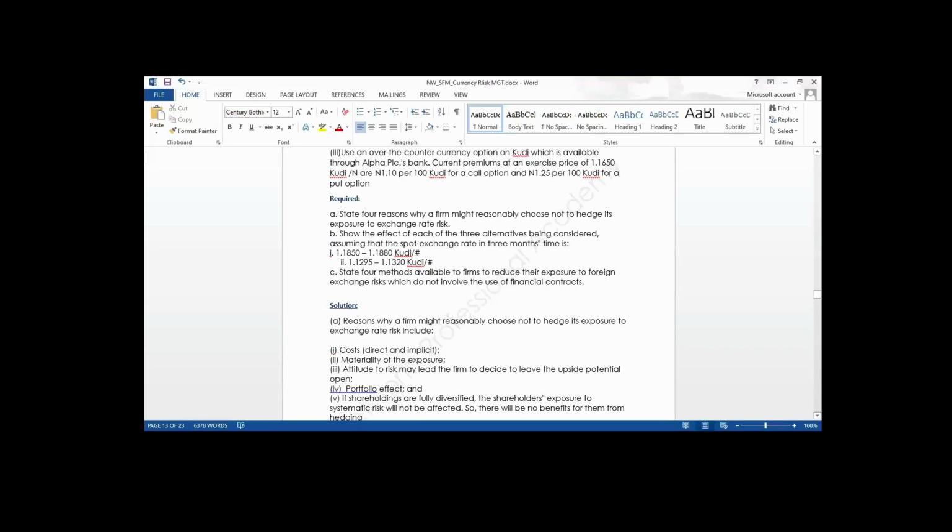If the cost is too high, a company can decide not to hedge. That's one. Two, the question says 4 reasons. Materiality of the exposure. If the amount involved is not material, the company can decide not to hedge.